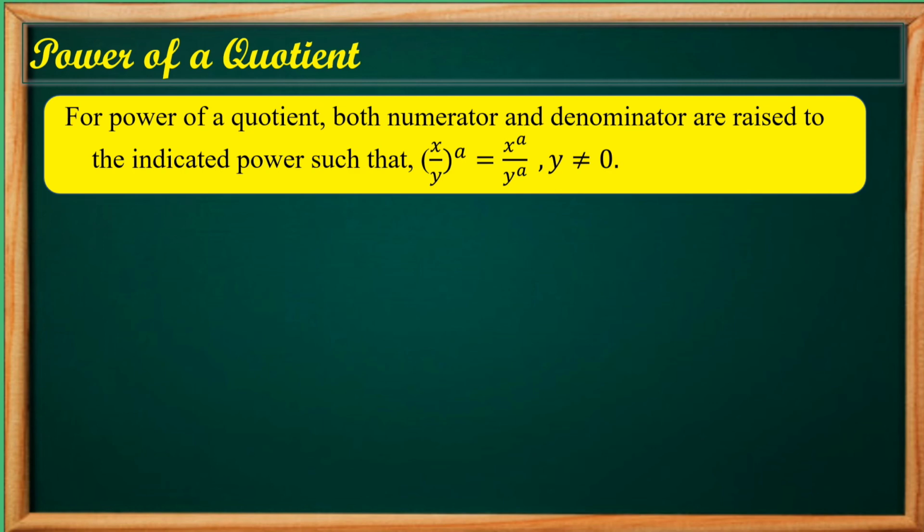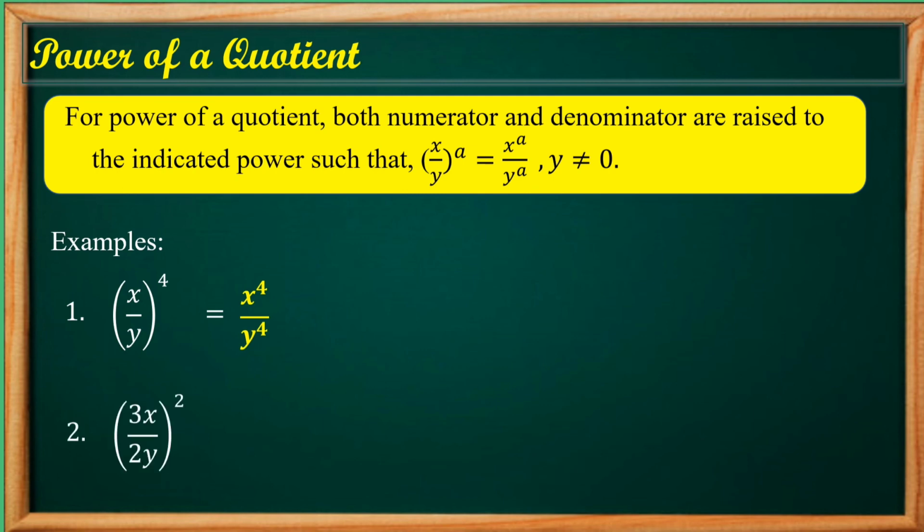Para lang siyang yung power of a power. Diba? Okay? Just multiply the power of a power. Example tayo. X over y raised to the power of 4 directly. You have x raised to 4, y raised to 4. Okay, number 2. We will have here 3x over 2y raised to the power of 2.